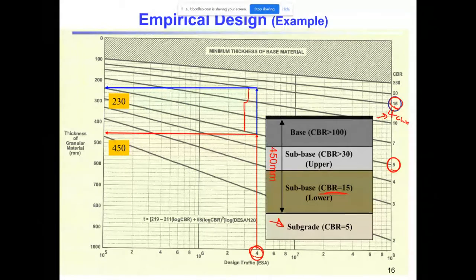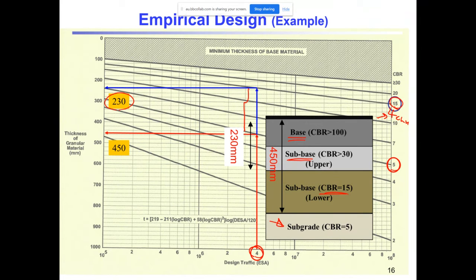And the 230 millimeters that you read is the thickness of the layers above that lower sub-base. So the summation of the thickness of the base layer and upper sub-base layer becomes 230 millimeters.